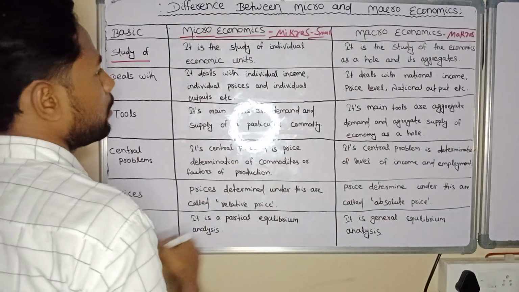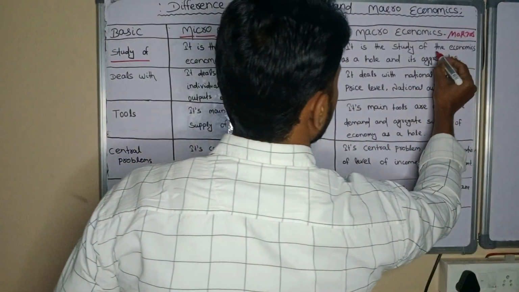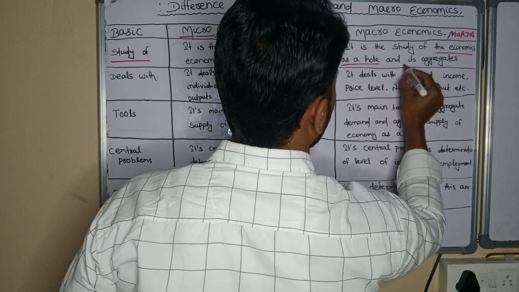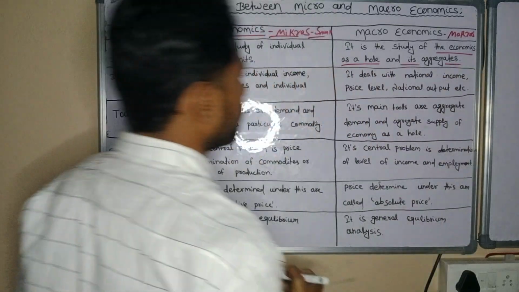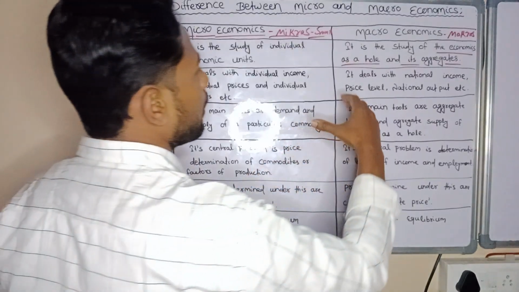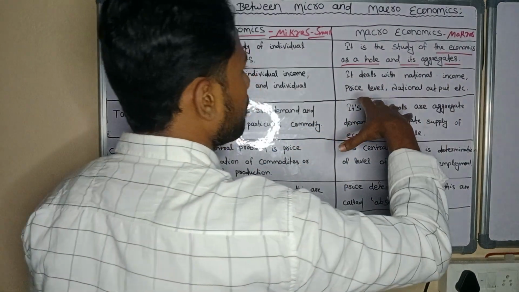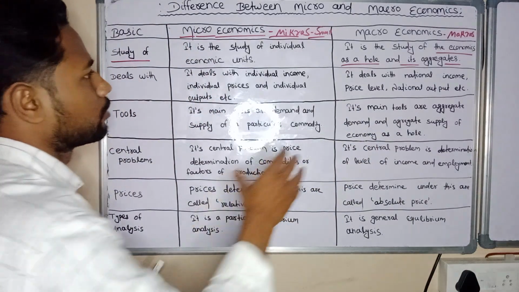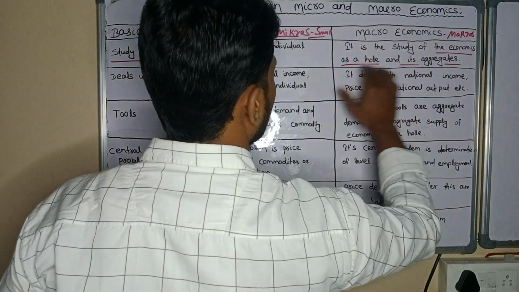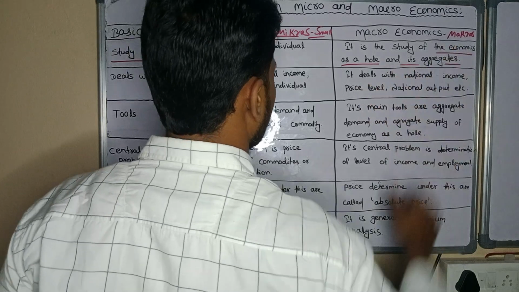Macroeconomics is the study of the economy as a whole and its aggregates, the aggregates of all the individuals.